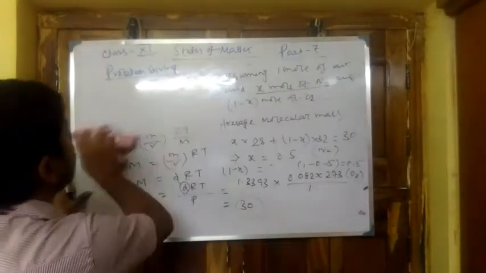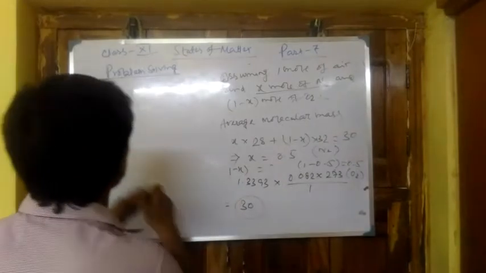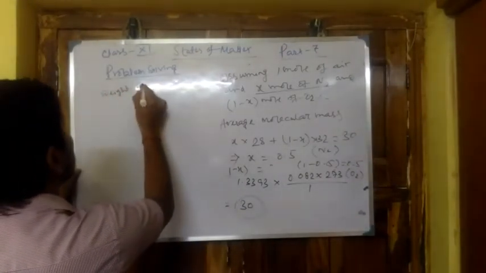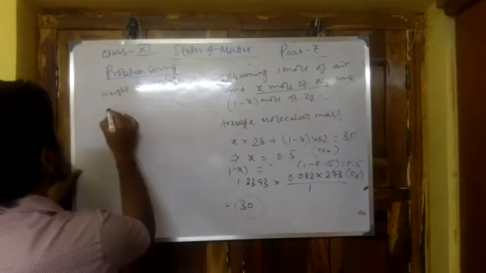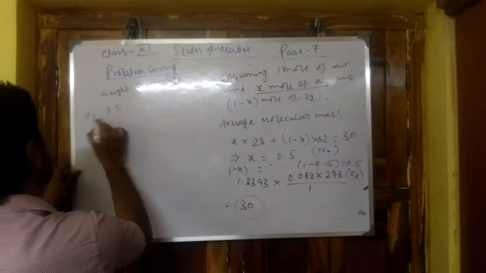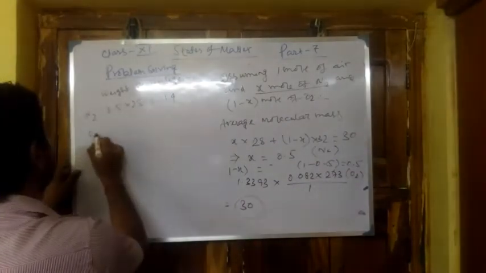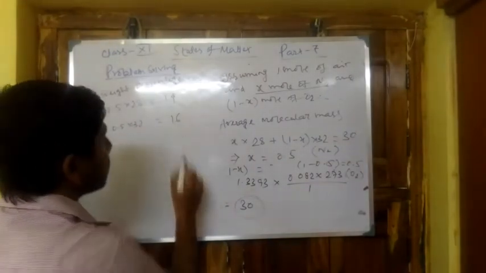So if we multiply weight percentage, that is 0.5 nitrogen into 28, that is 14, and oxygen 0.5 into 32, that is 16.